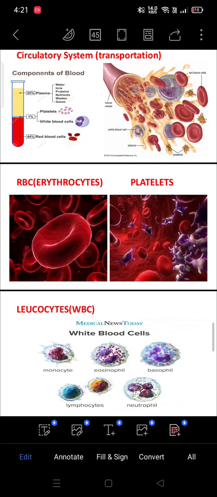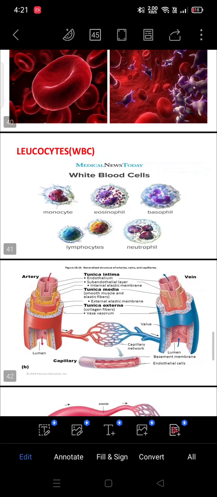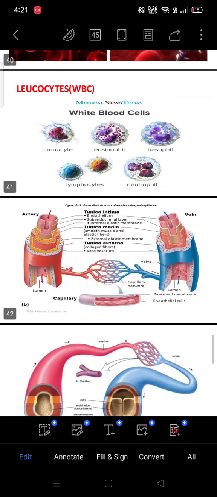They fight against the diseases which enter our body. Then RBC and platelets are also very important. And then WBC has some parts: monocyte, eosinophil, basophil, lymphocyte and neutrophil. Okay, then just learn the names of these.